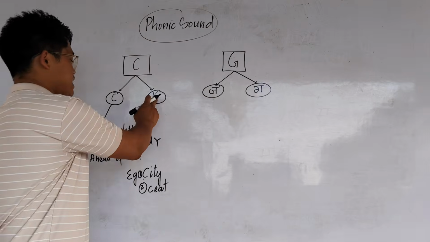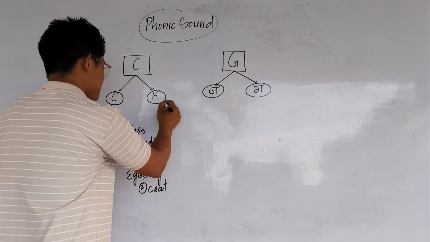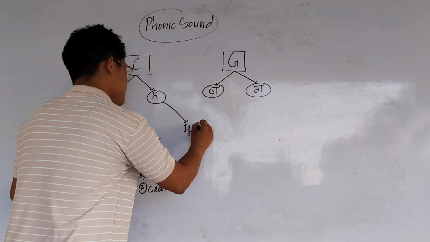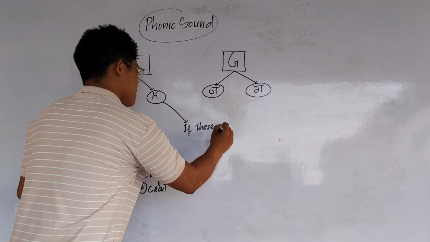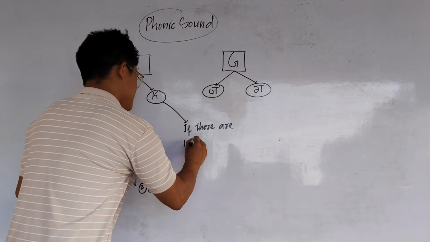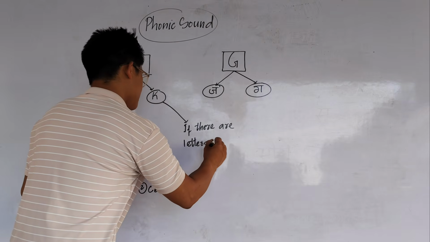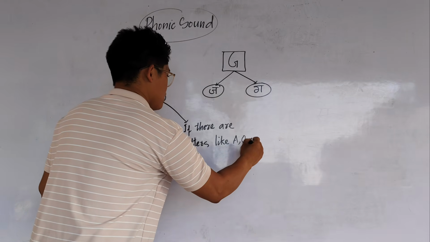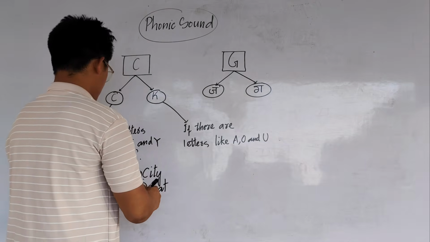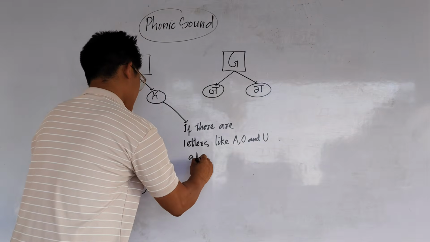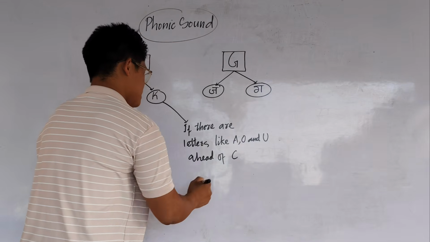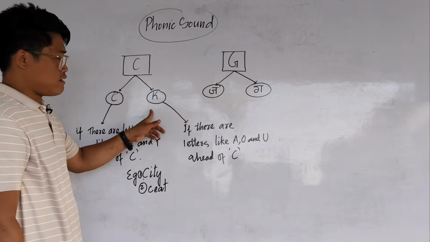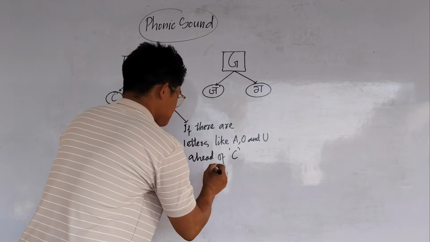Let me tell you how the K sound comes in C. If there are letters like A, O and U after C, then it is pronounced as K. Example, C-A-T.